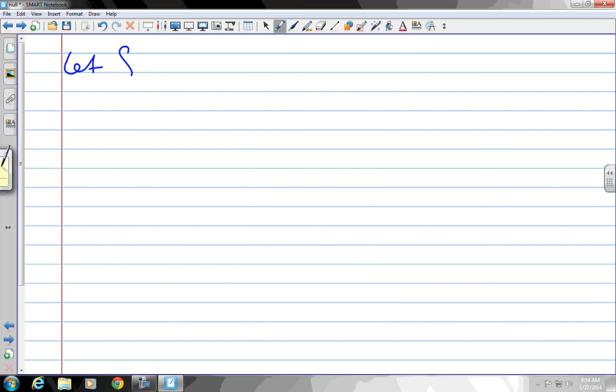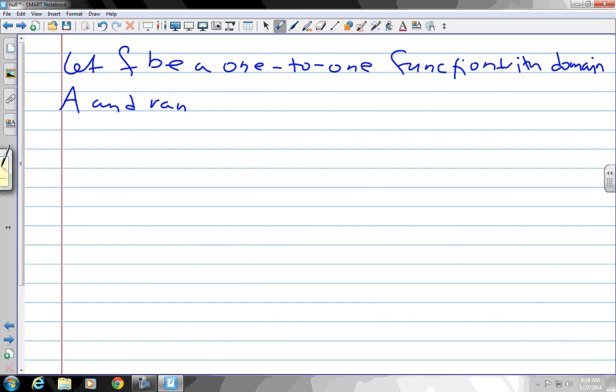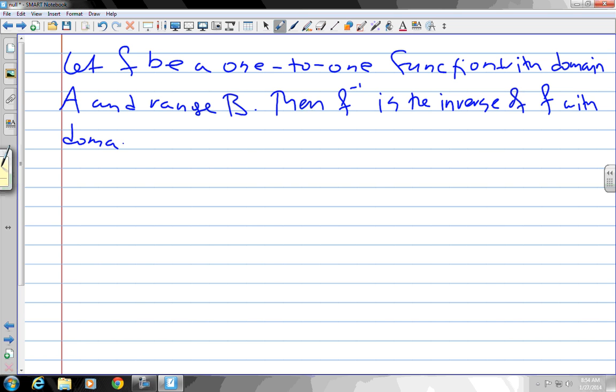So let f be a one-to-one function with domain A and range B, then this guy is the inverse of f with domain B and range A if and only if the following works.